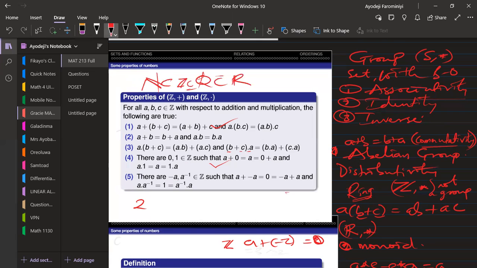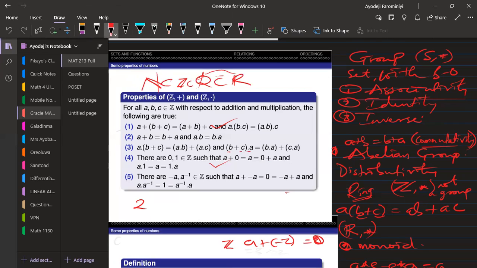So 1/2 is a real number. But the case is not the same the other way round. I cannot say all real numbers are rational numbers. It is a proper subset. So 2 has an inverse.